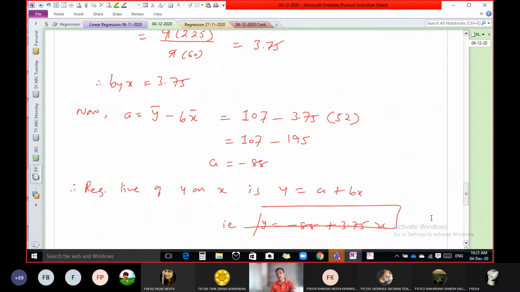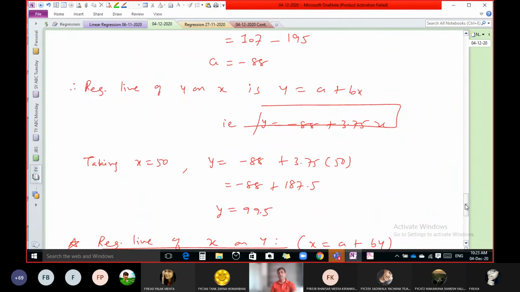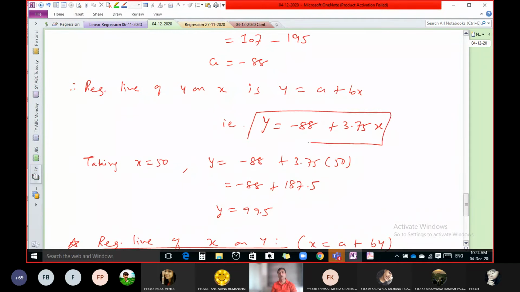So now we have a value of a as well as b, and this is the standard form of equation, and just substitute. So what is y? Y equal to a is what? Minus 88 plus b is what? 3.75, keeping x as it is, and this is our regression line of y on x.